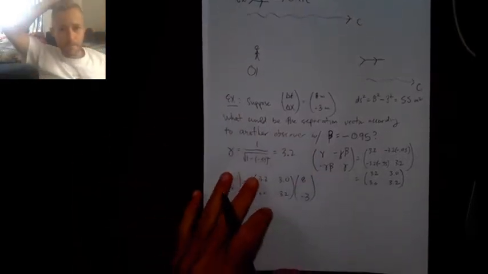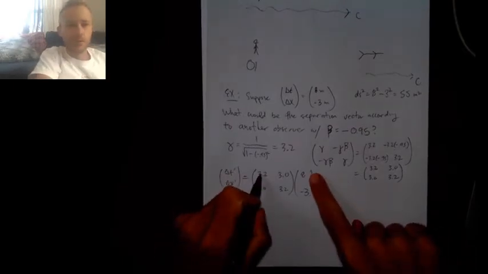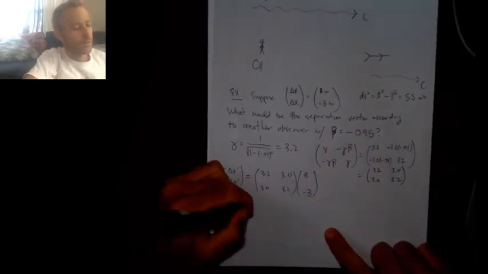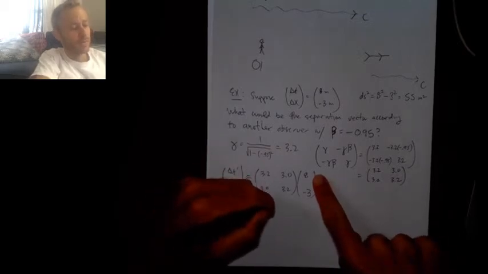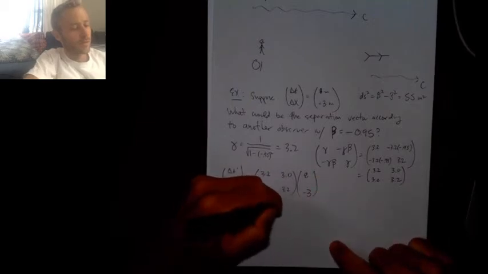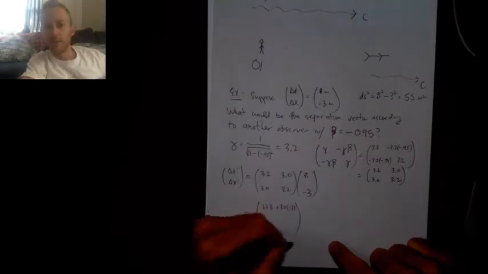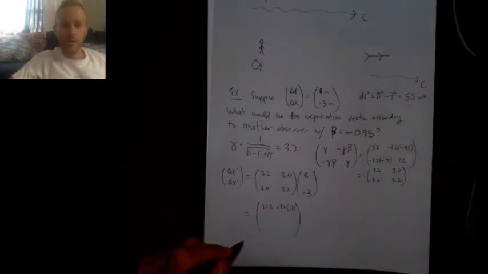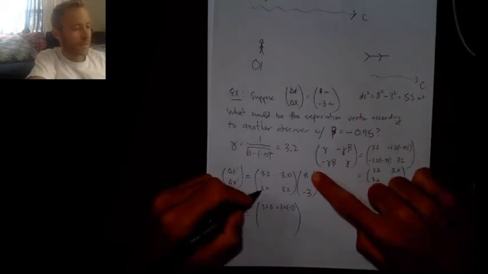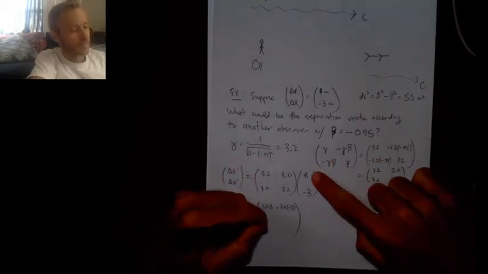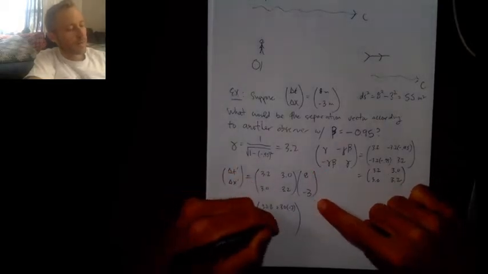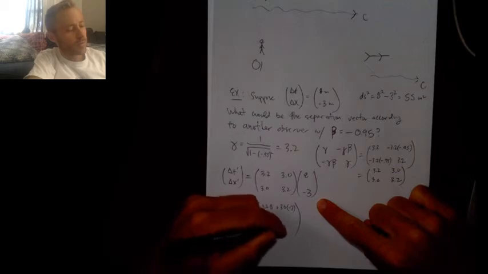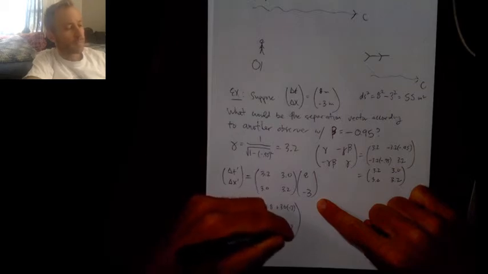If I do the multiplication, the top number is going to be 3.2 times 8, plus 3.0 times negative 3. And the bottom is going to be 3.0 times 8, plus 3.2 times negative 3.